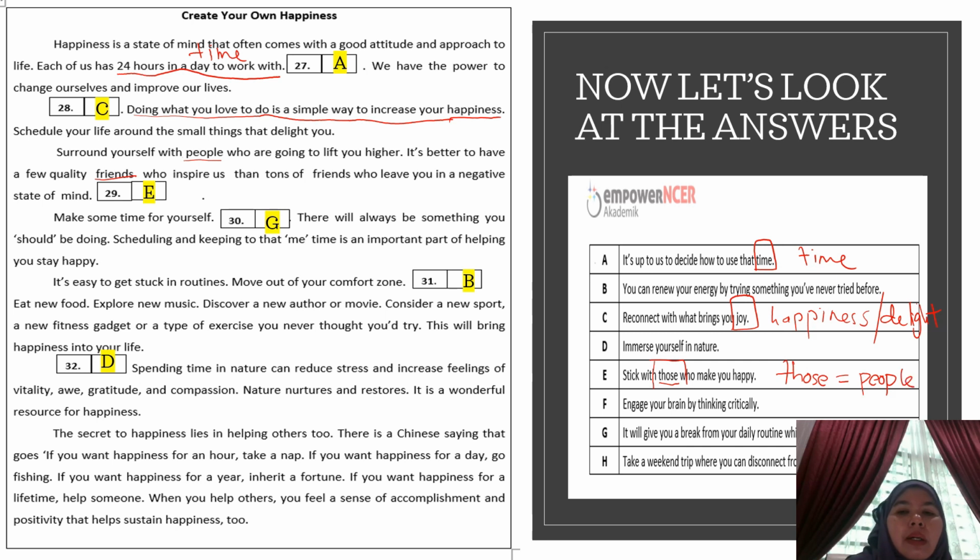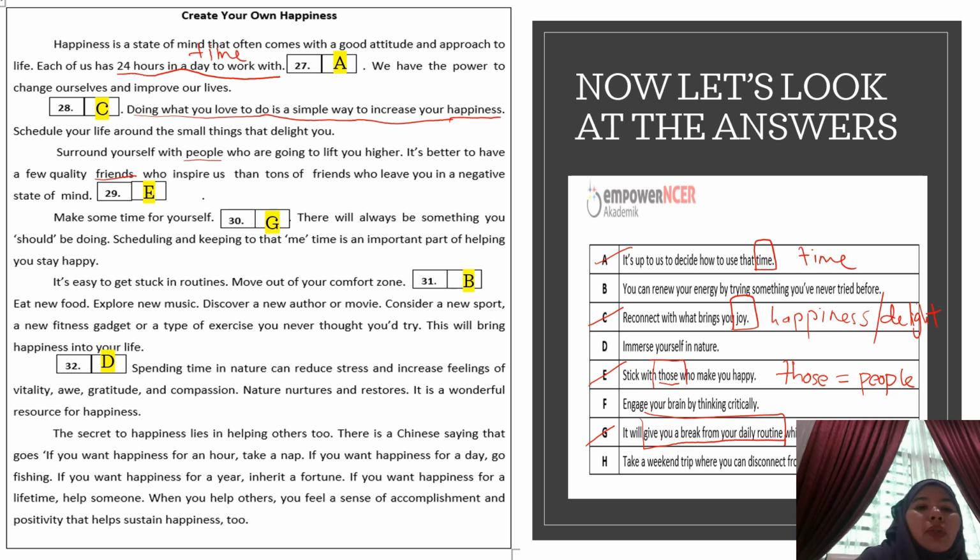Alright, now make some time for yourself. Okay, and gap number 30, the answer is G. Okay, it will give you a break from your daily routine while refreshing your mind. Okay, just now I highlighted give you a break from your daily routine. There will always be something you should be doing.